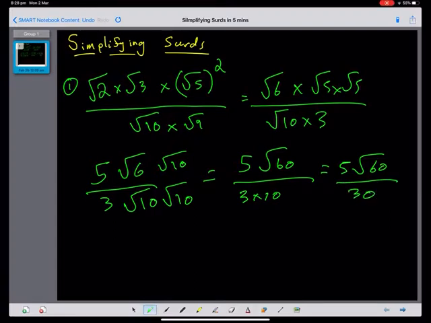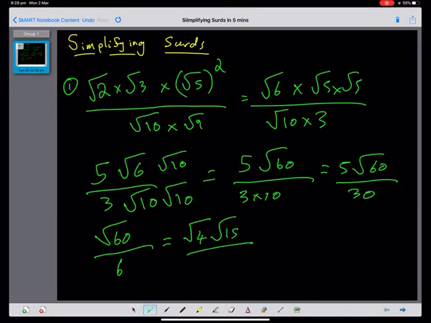And then we can divide numerator and denominator by 5 to get root 60 all over 6. And we can simplify 60 to 4 times 15 over 6 to get 2 root 15 all over 6, which is the same as the root of 15 all over 3.